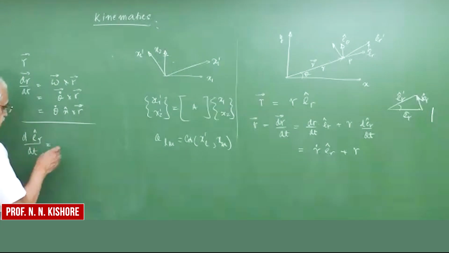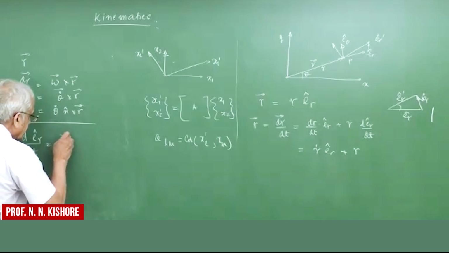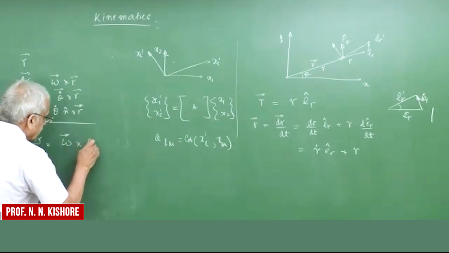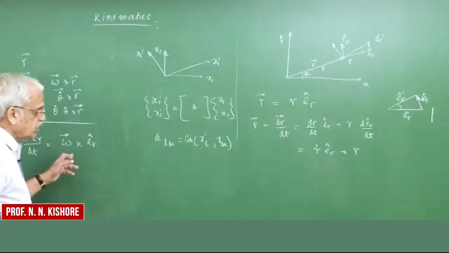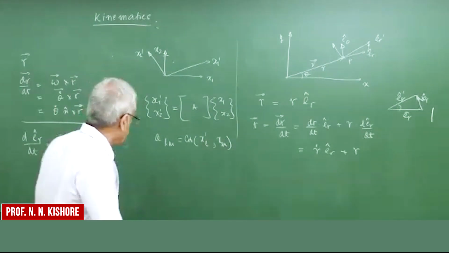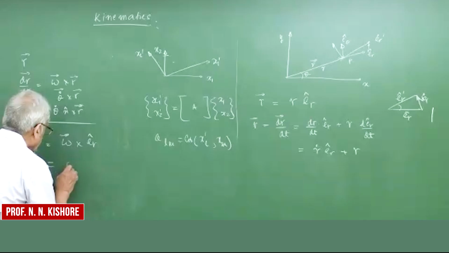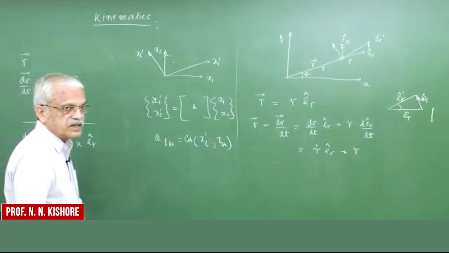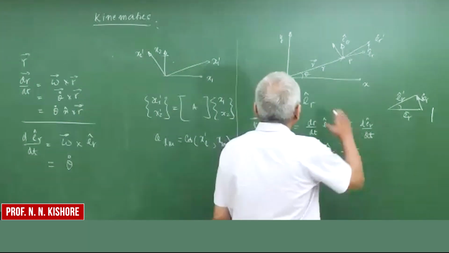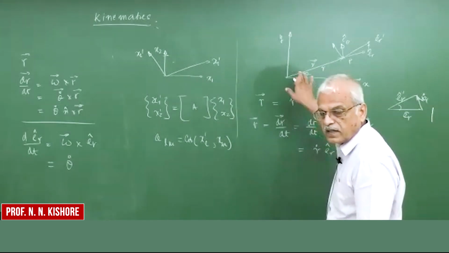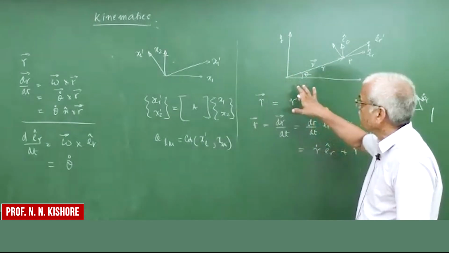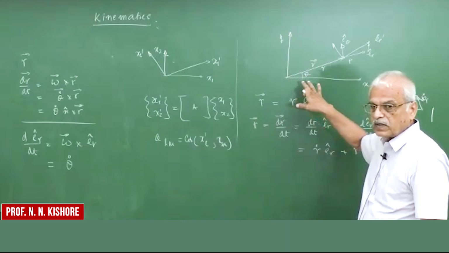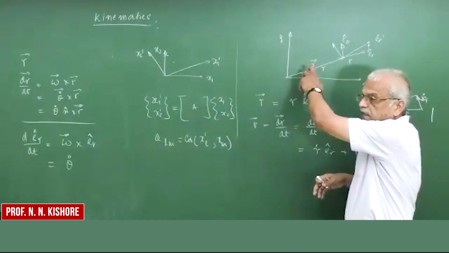So here der by dt is nothing but omega cross er. So what is omega here? Omega is theta dot, of course. And what is the direction here? In these two dimensions, if you are going to have an angular motion, theta is changing here.